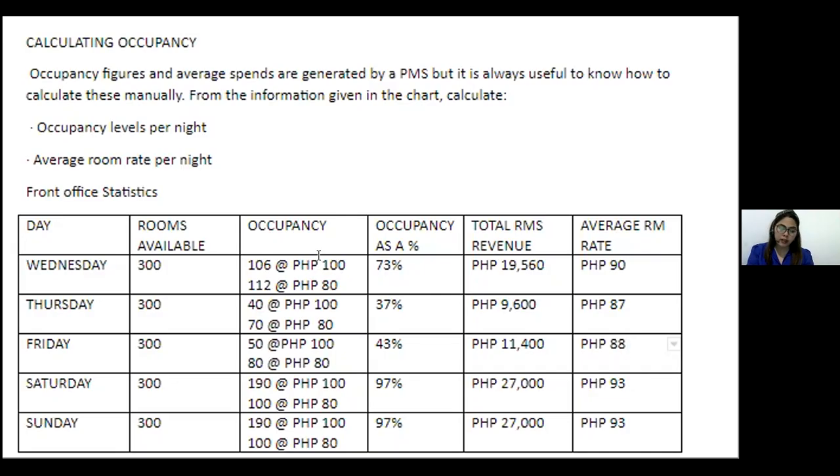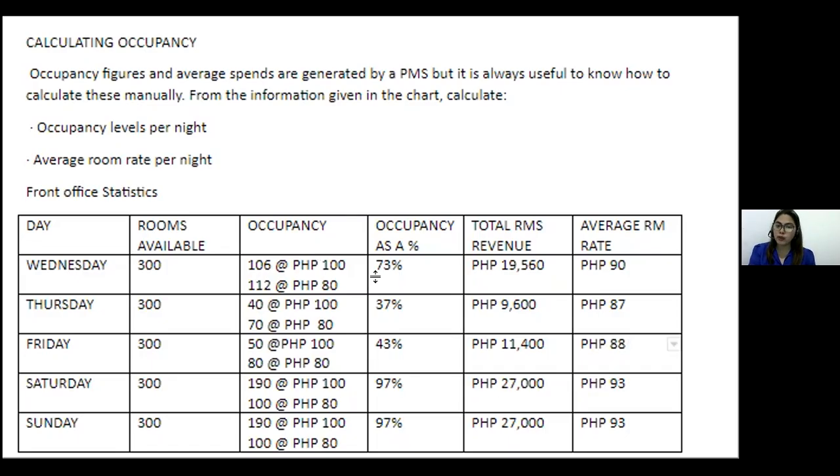And then you have 112 occupied rooms at the rate of 80 pesos. So 80 times 112 gives you an answer of 8,960.